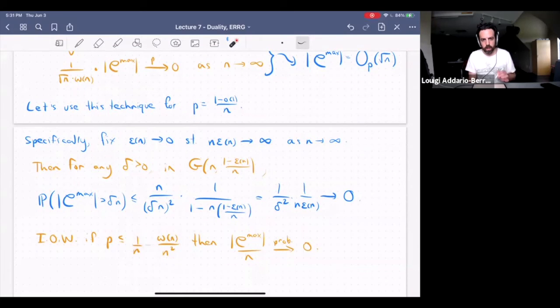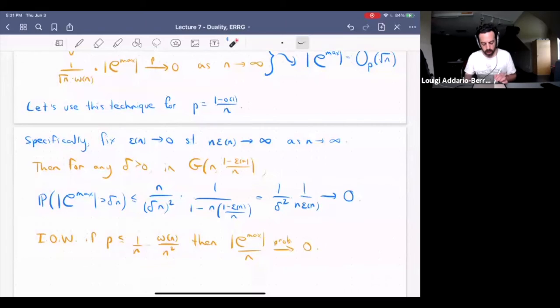So we're really getting as close as you can get to 1 over n without getting something that's literally no change in the graph. And you can actually check that for p this small, the random fluctuations of the number of edges are much bigger than the fluctuations you get by changing p that much.